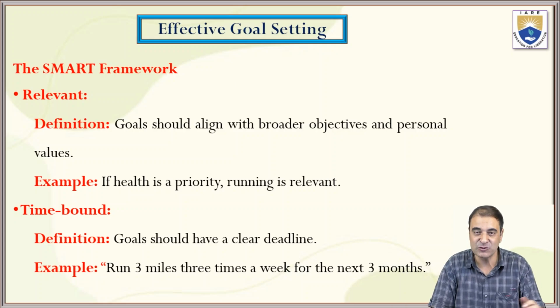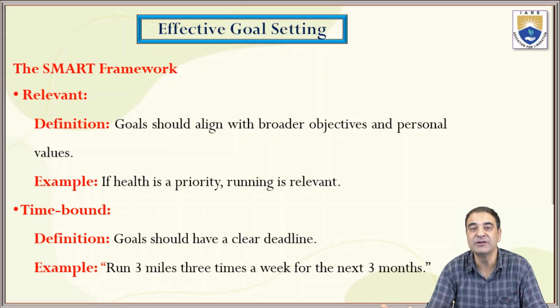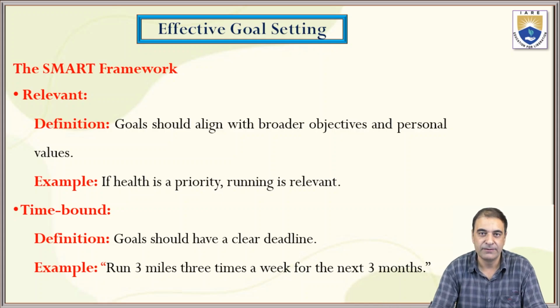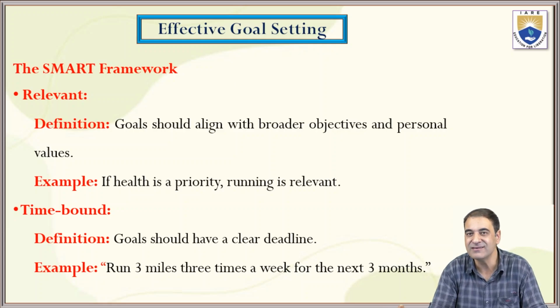That's why we say these goals must be relevant. They should not be out of place. As I told you, if health is the priority, running is relevant. It's related to our health. If you want to be healthy, you need to run.